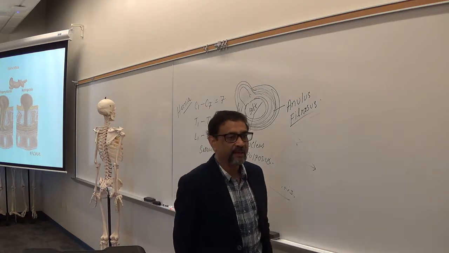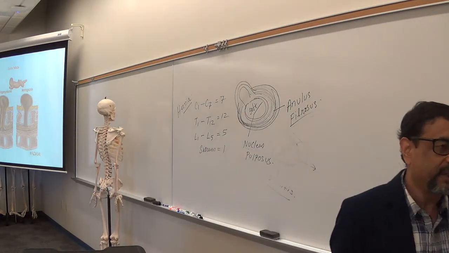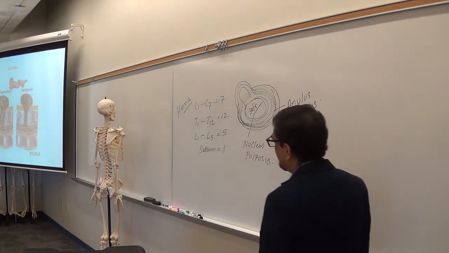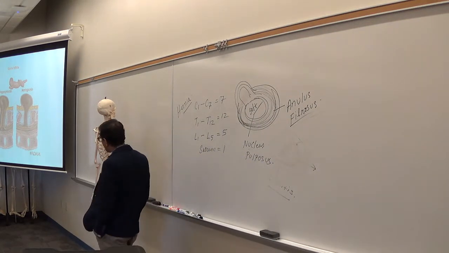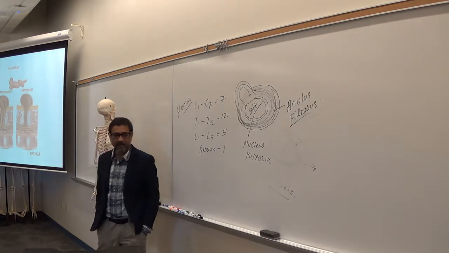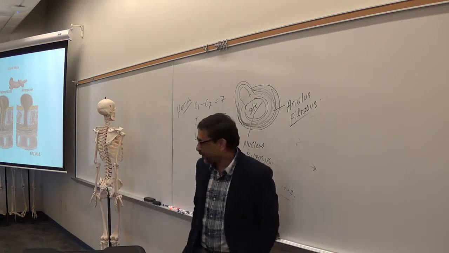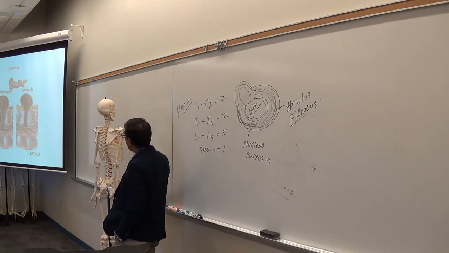In meningomyelocele, since the spinal cord comes out, that can cause paralysis or other complications if any damage occurs to the spinal cord. Okay, so that's spina bifida.